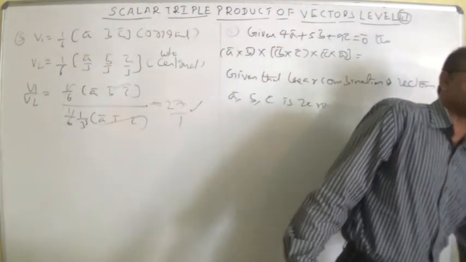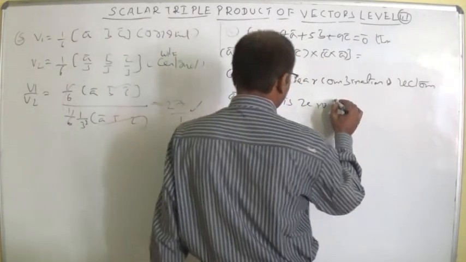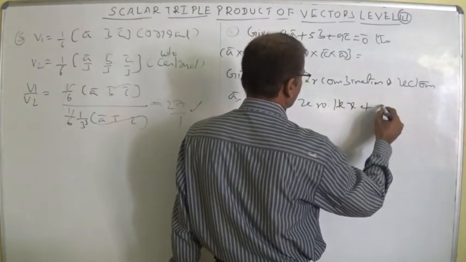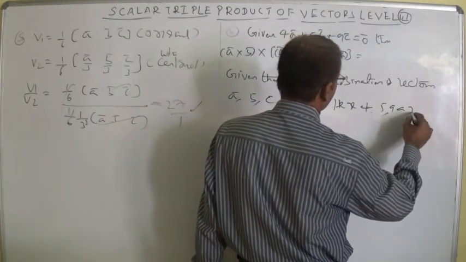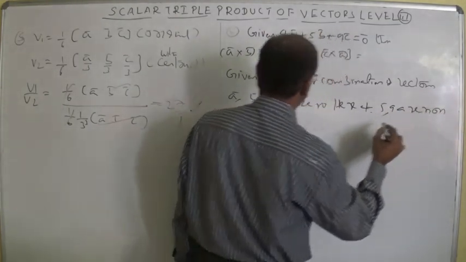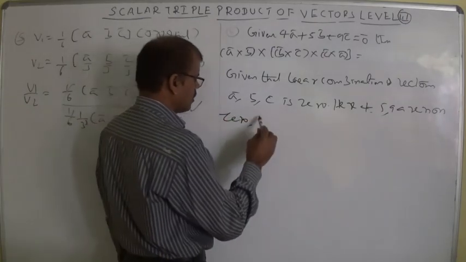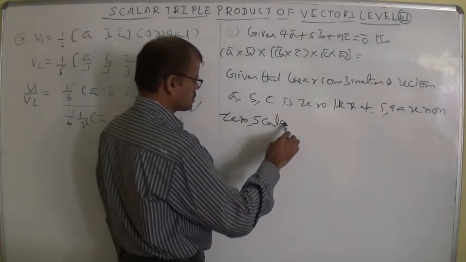So, in the combination given, here I am writing, 4, 5, 9 are non-zero scalars.